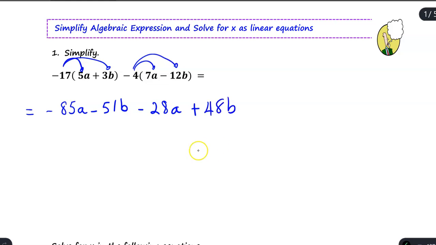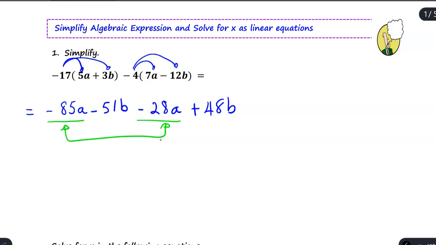At this point, once we have distributed the terms, in this expression you can try to find the like terms in order to simplify. Like terms means that you have the same variable. So in this case, this term and this term I can combine, right?